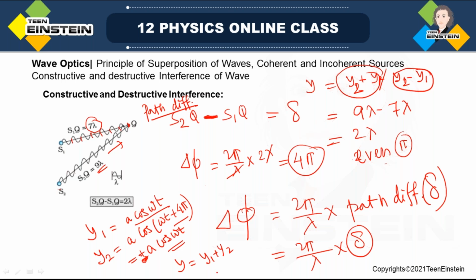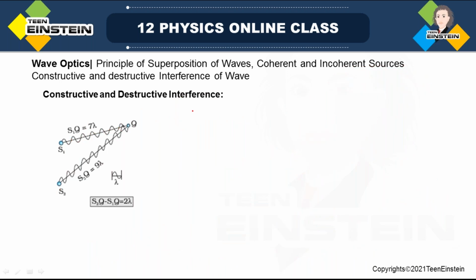you will get y1 plus y2, because here it is plus, so you'll get 2a cos of omega t. This is the resultant. So I'll write it for this case.